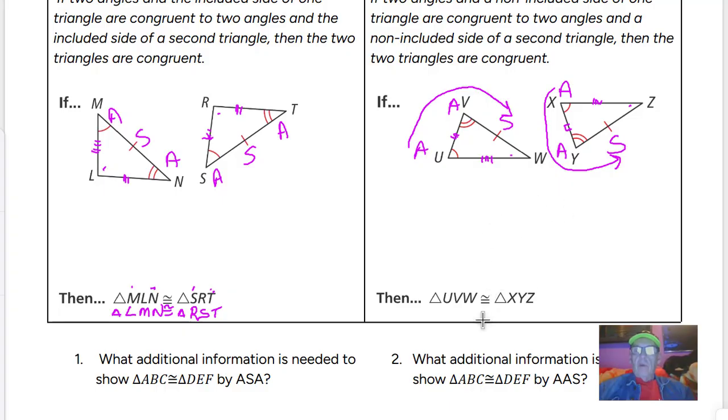Same thing with UVW and XYZ. If I wanted to name UVW differently, let's say WUV, then the other side would have to be ZXY, so that we would keep the corresponding vertices in the same relative positions with the ones on the other side that match.